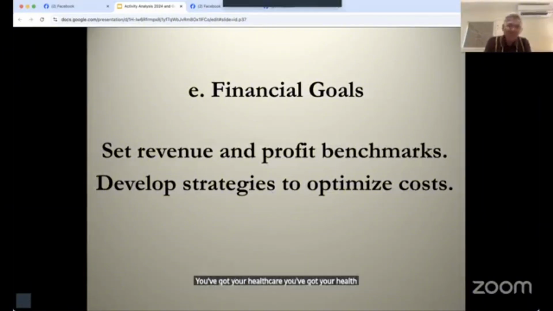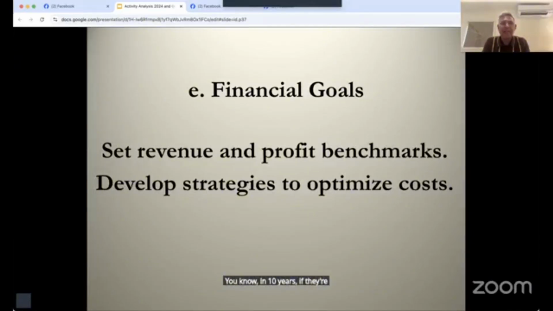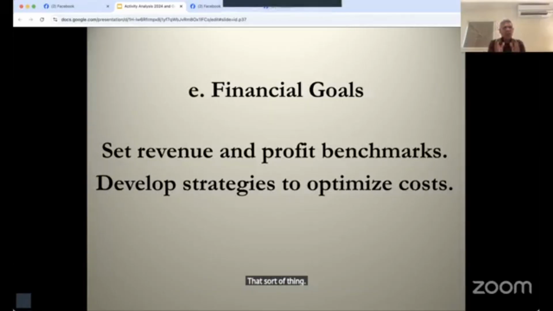So I always tell the younger crowds, millennials, or the younger brokers in their 30s who are starting out: save money. You're going to have a kid. Insure them, because you'll never know. In 10 years, if they develop sickness, next thing you know, they're going to be uninsurable, that sort of thing.